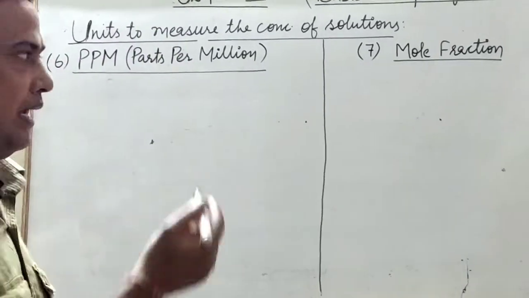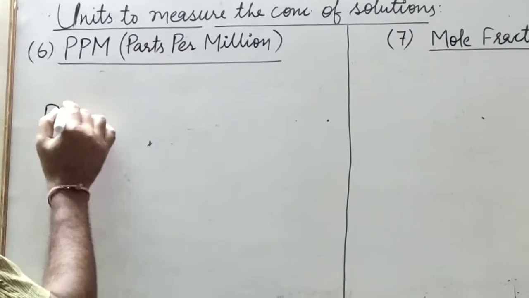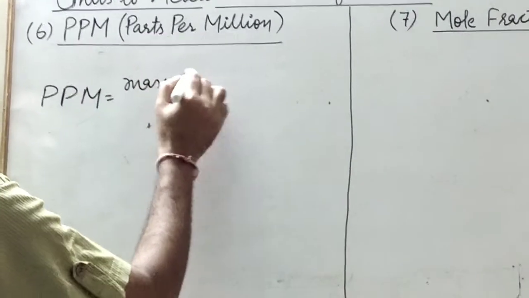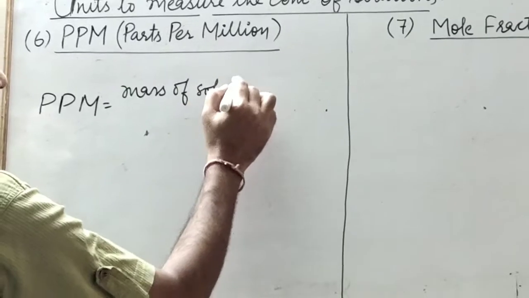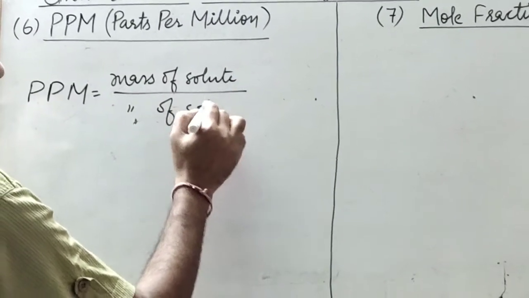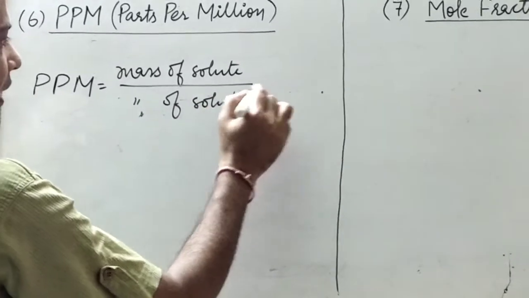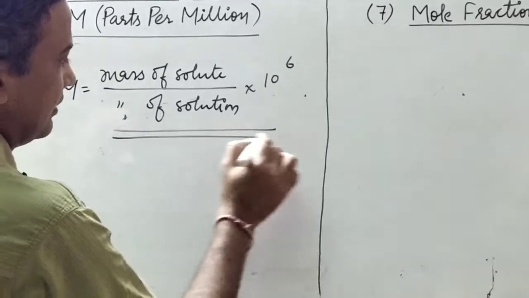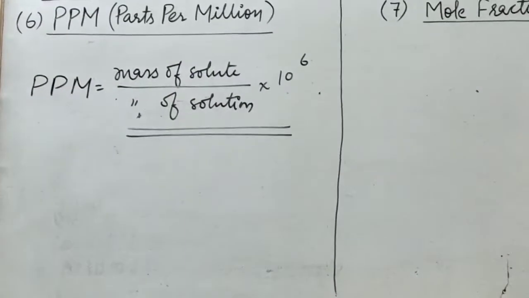So formula to calculate ppm is mass of solute upon mass of solution into 10 raised to power 6 per 10 raised to power 6 means ppm.